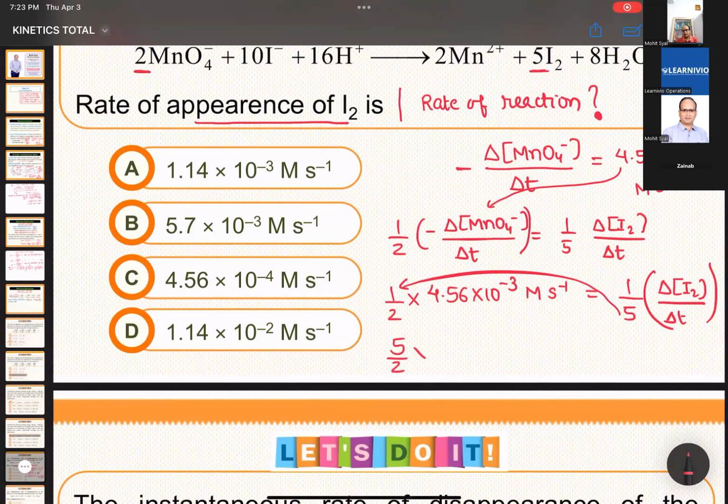Yes. So what will be the answer? Can you tell me quickly? What is going to be the answer? 4.56 into 5 and 1 by 2, how much are you getting?